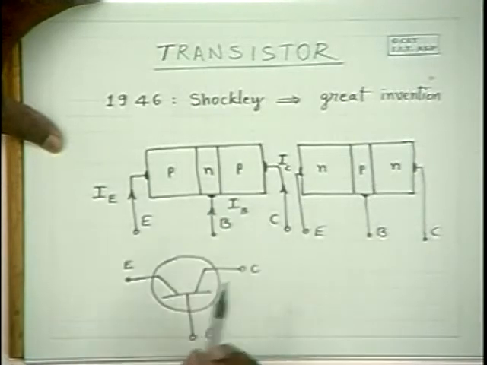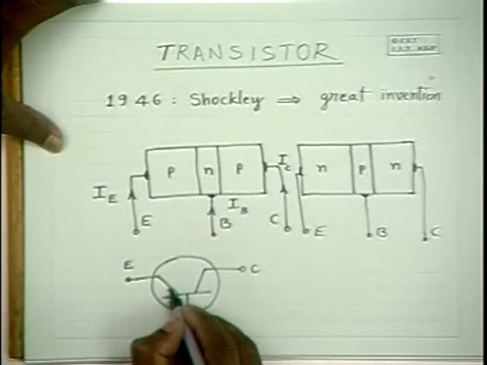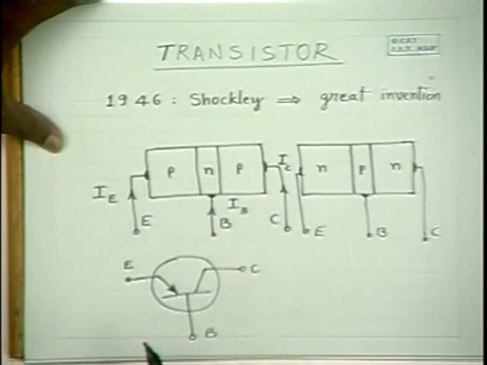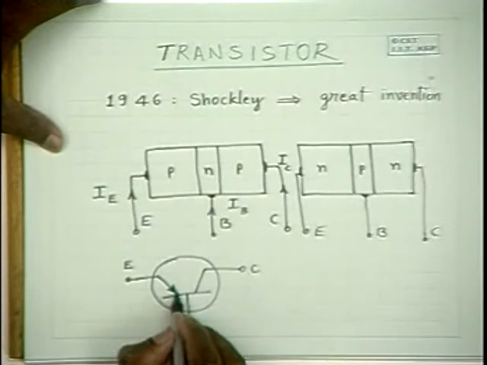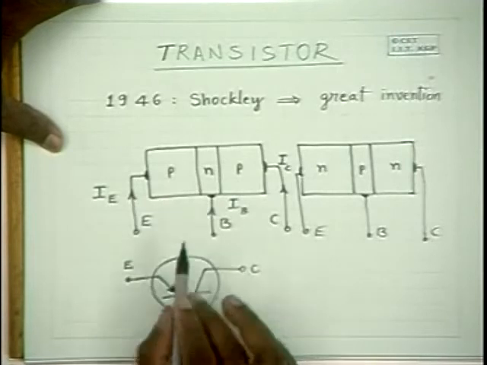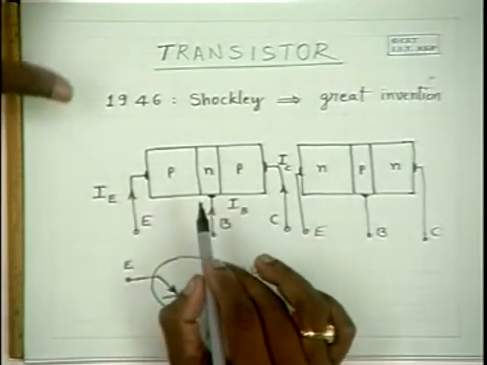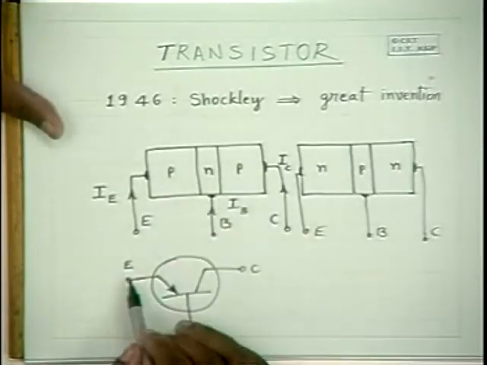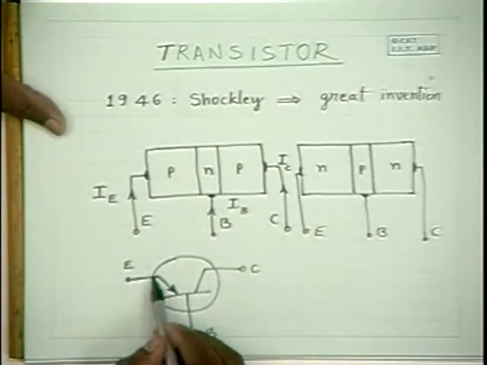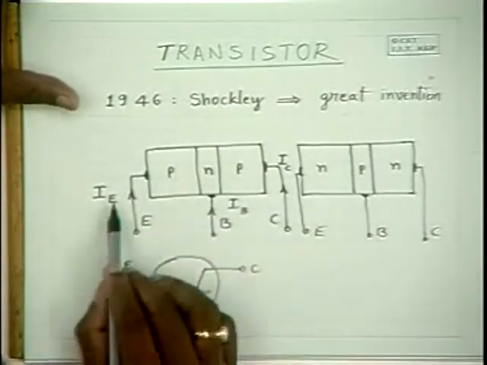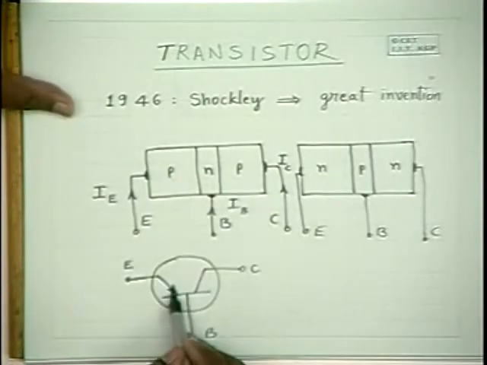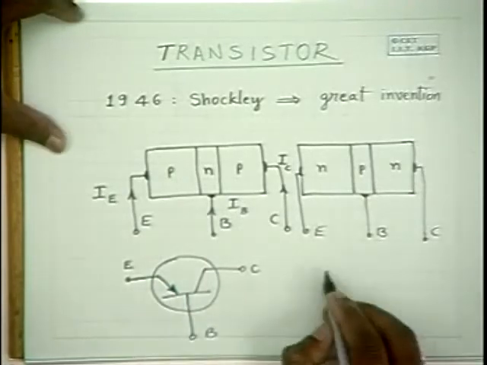And to indicate that this is a PNP transistor, an arrow is used here. So an inside going arrow indicates the direction of the current at the emitter, that is inside. In a PNP transistor, the current goes inside, IE is positive. So therefore, the current direction is indicated in this direction.